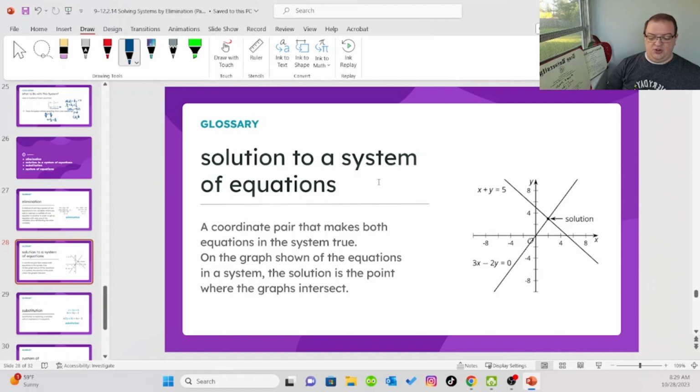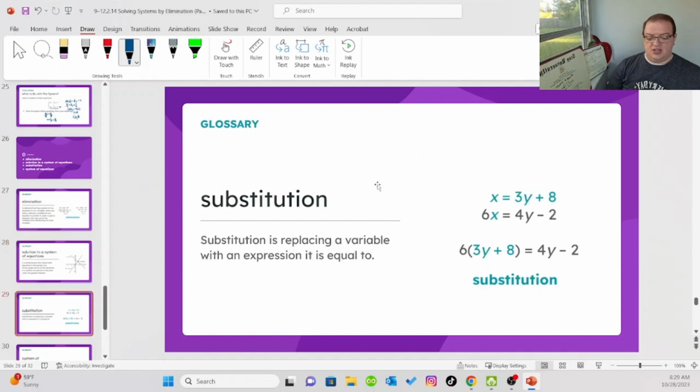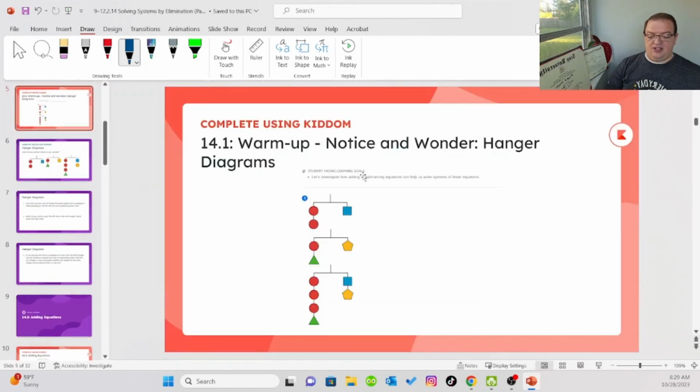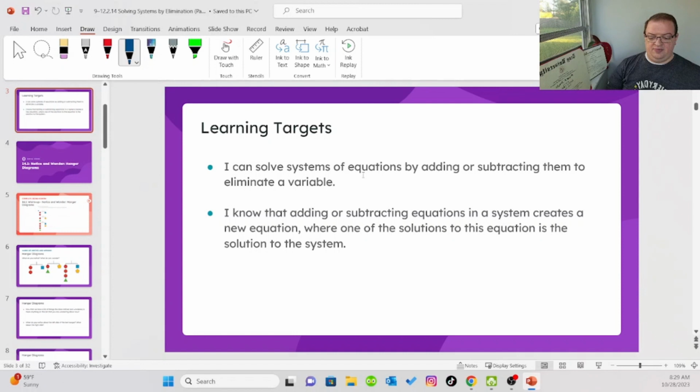On the graph shown of the equations in a system, the solution is the point where the graphs intersect. Substitution. Substitution is replacing a variable with an expression it is equal to. And system of equations, 2 or more equations that represent the constraints in the same situation form a system of equations.